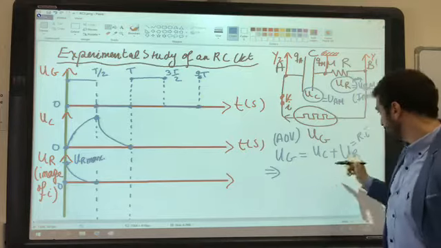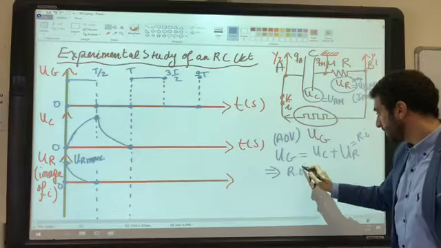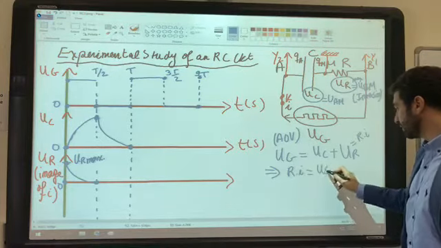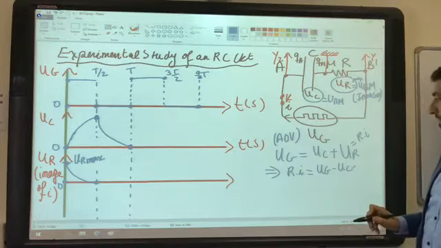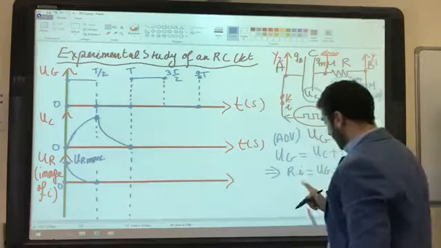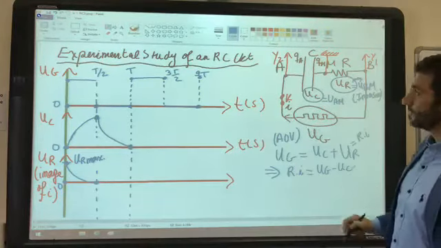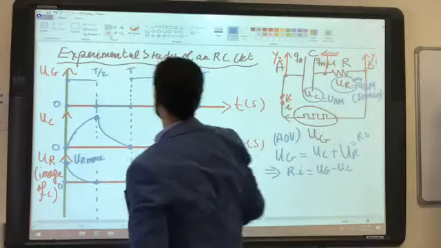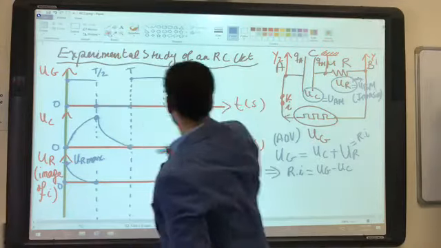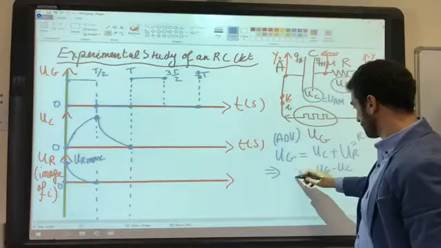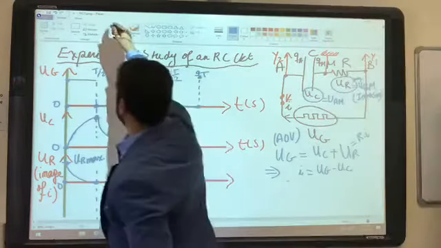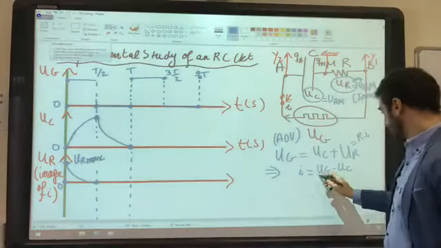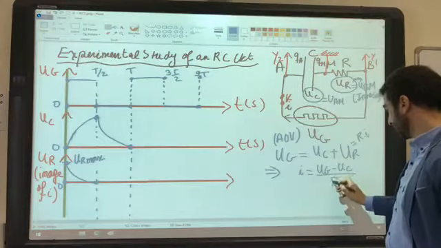And we can substitute it, so Ri is equal to U of G minus U of C. If we want to find I, I is equal to this over R. Divide by R so that we can find I. So this is U of G minus U of C over R.